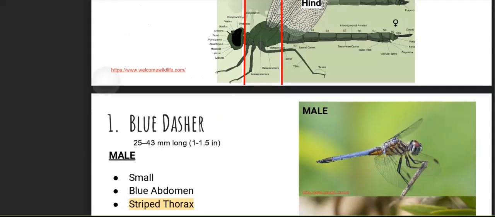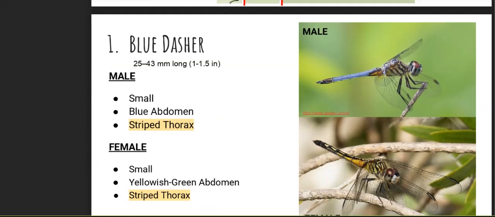Some of the most common dragonflies in Florida are the blue dasher. These are about 1 to 1.5 inch big. In general, they are among the small dragonflies that we have in Florida. The abdomen, the longest part of the body, is mostly blue. The thorax has stripes.